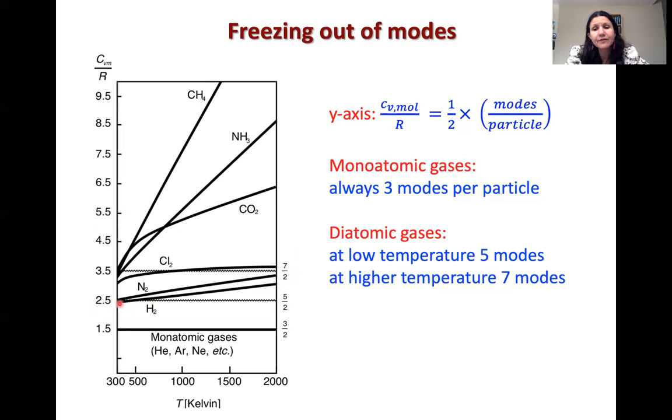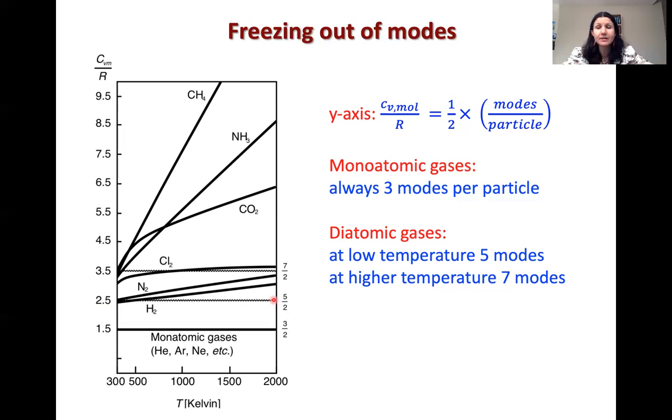So we start at 5 modes. And what are those 5 modes? That's exactly when the vibrational modes are frozen, because then we have the 3 translational kinetic energy modes and 2 rotational, which gives us 5. And 7 is the maximum number, when we have the vibrational modes present: 1 kinetic, 1 potential vibrational mode.